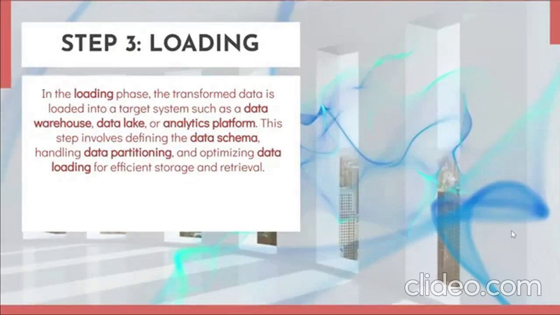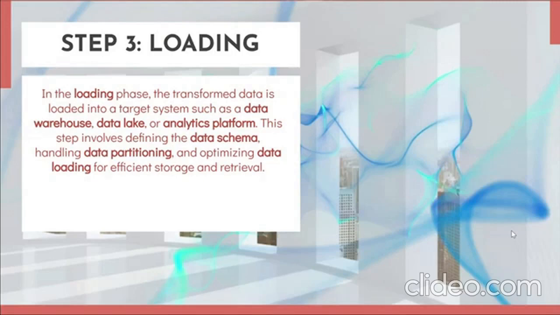And let's get into the third step. The third step in this ETL implementation is loading. We load the data after transforming it to a suitable format for reporting purposes.